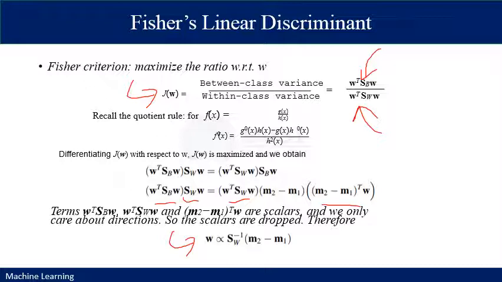So this result is known as Fisher's linear discriminant model, although strictly it is not a discriminant but rather a specific choice of direction for the projection of data to one dimension. However, the projected data can subsequently be used to construct a discriminant model.